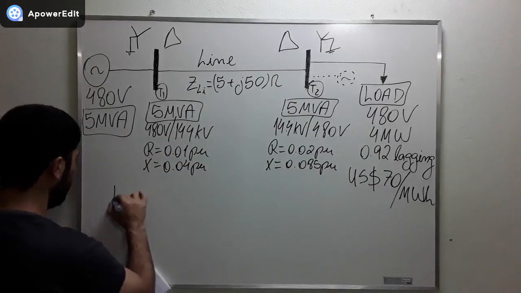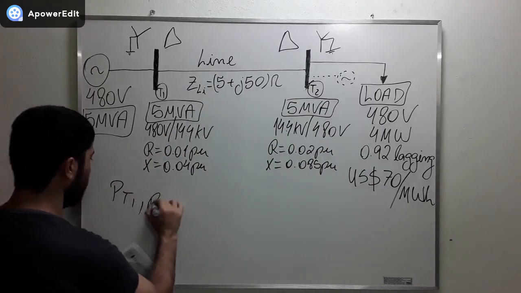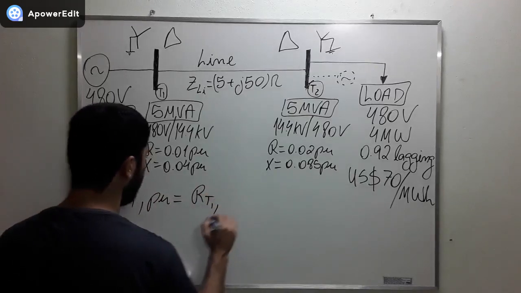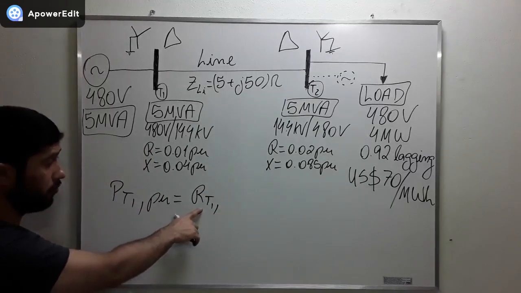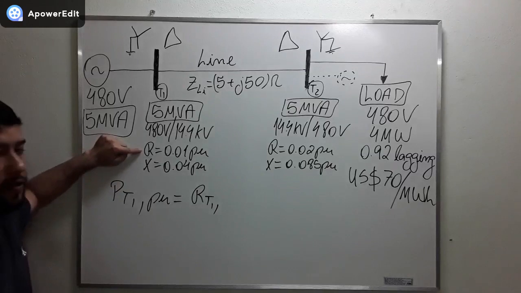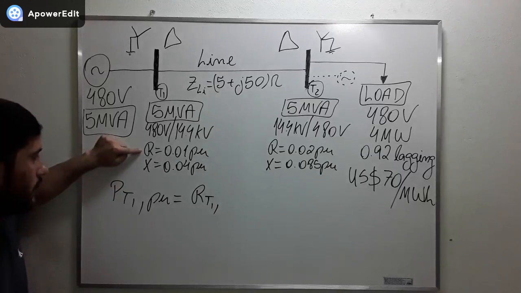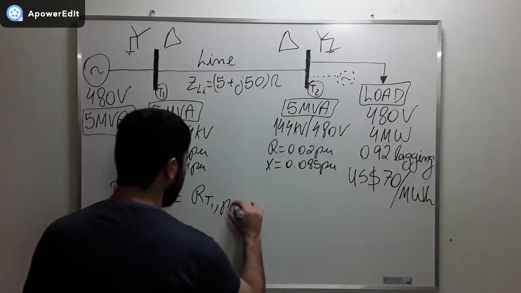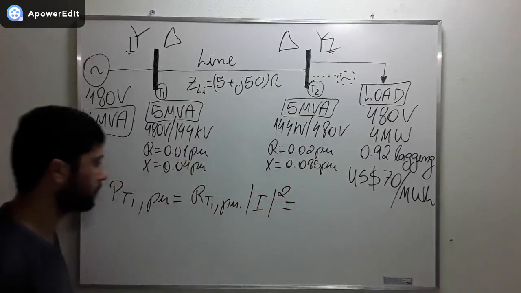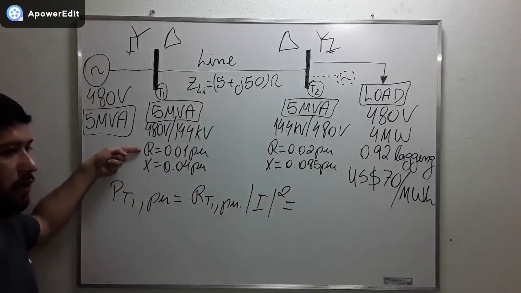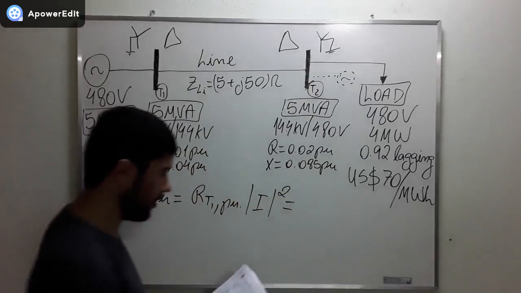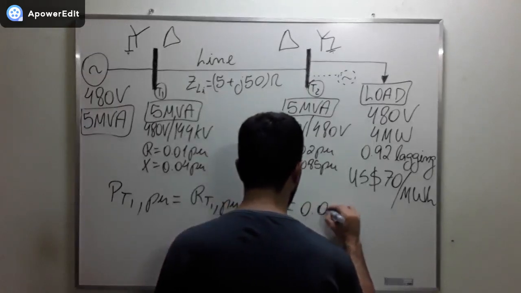It's going to be P transformer 1 in per unit, equal to the resistance of transformer number 1 in per unit. It was already given. It is this value here in per unit multiplied by that current. Okay, take this value here, multiply by the current squared, and then we find this value here in per unit.